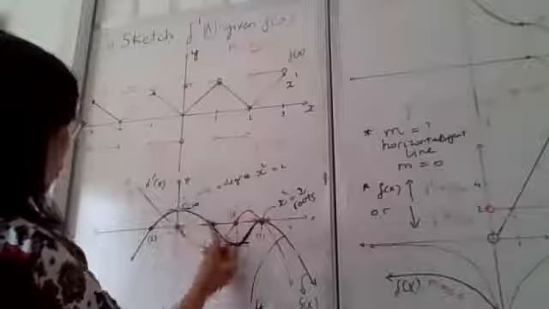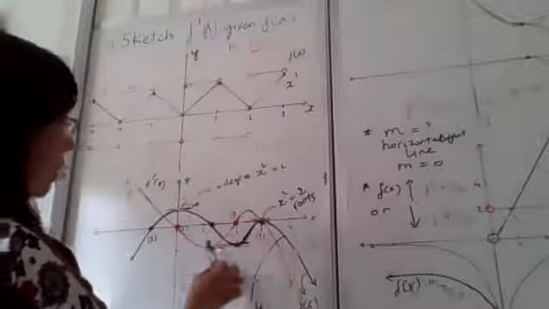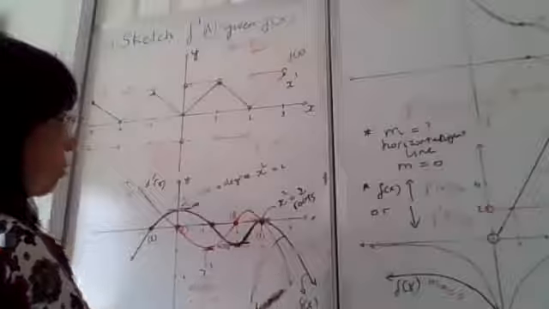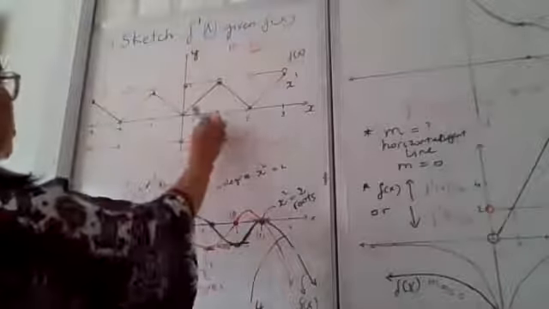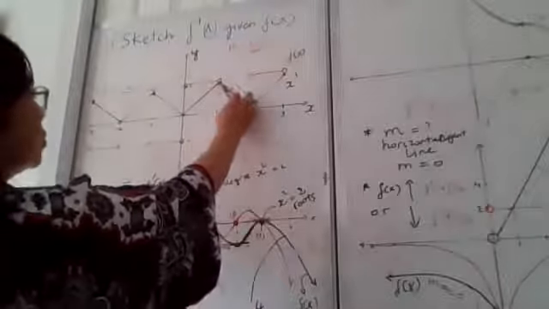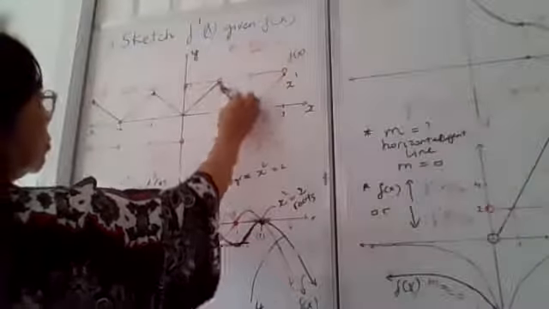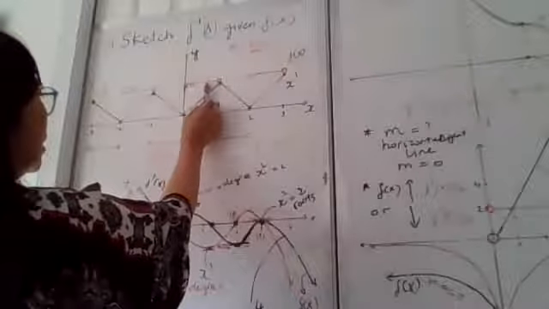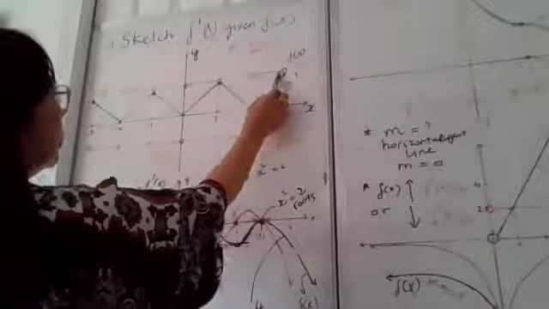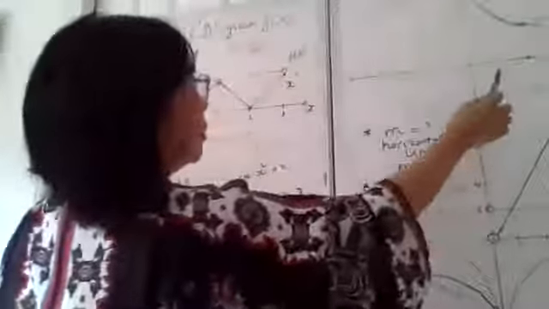So if our function is degree 4, then the derivative of it has degree 3, the third degree. If our function is x to the power 1, degree 1, then our derivative is a constant, which has 0 degree. Now let's check this one.